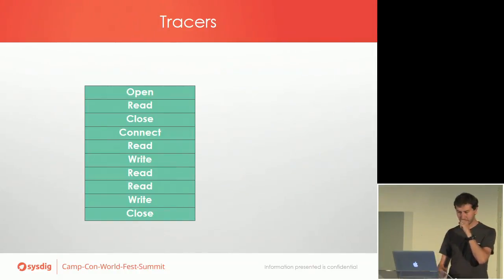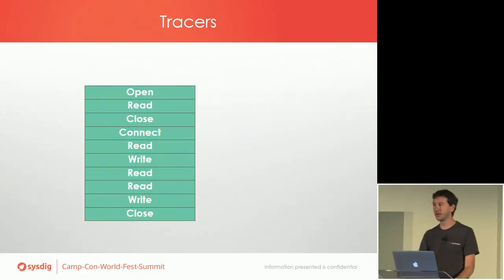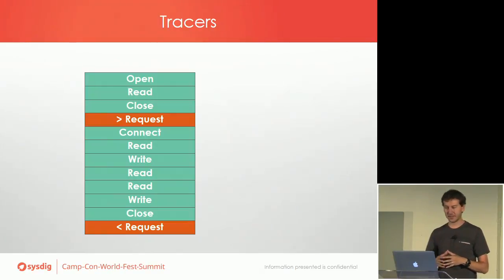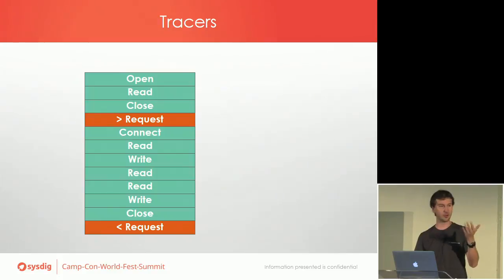In practice, going back to the list of system calls that I was showing before, it's possible to write to /dev/null and start having these red events that are interjected with the rest of the Sysdig stream events. And then you can just consume them the usual ways you do with Sysdig. You can print them on screen, you can create chisels on top of them, you can do a bunch of stuff.